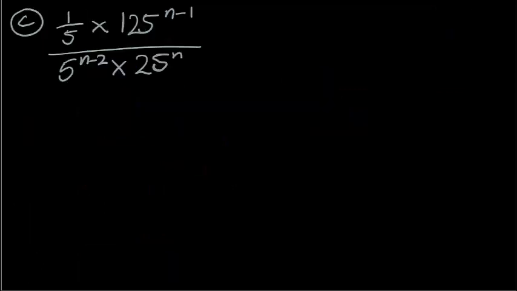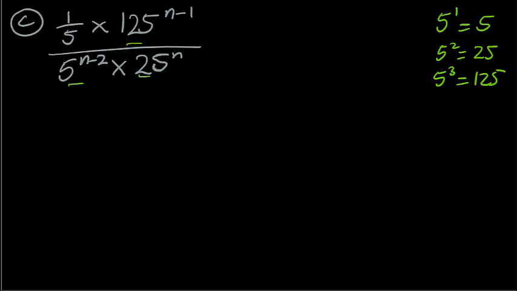Let's look at C. For question C, we've got 1 over 5, 125, 5, and 25. So we're going to deal with 5s. Okay, so basically we have 5 to the power of 1, 2, and 3, which covers this, this, and this. But what about this 1 over 5? Now, because it's a fraction and the number is a denominator, I can rewrite it as being 5 to the power of minus 1.